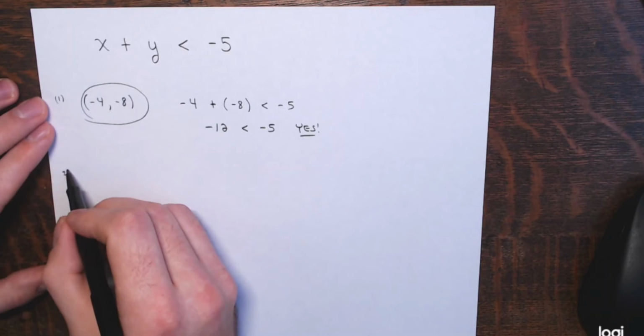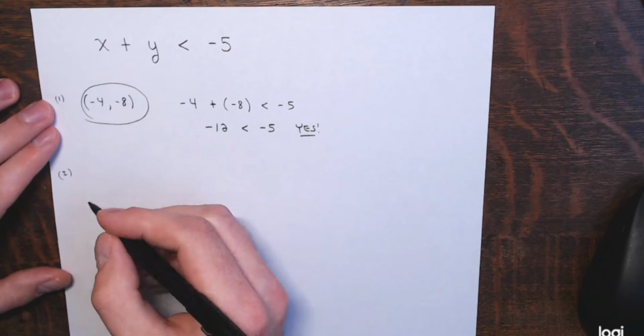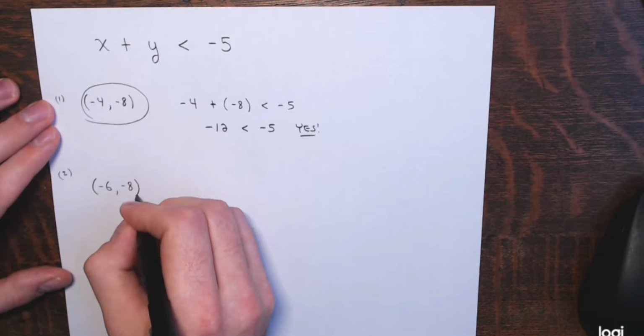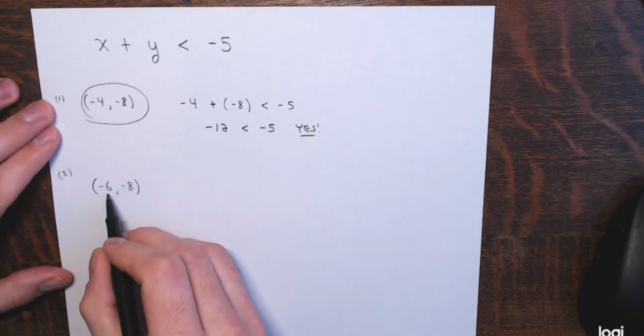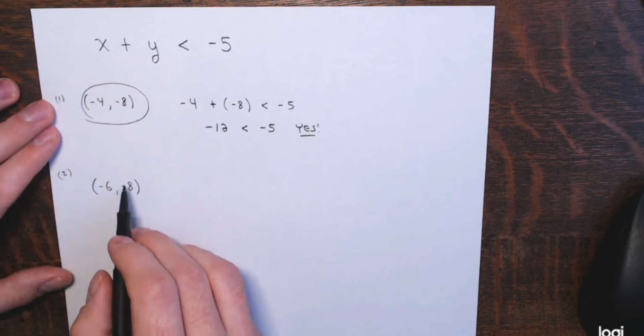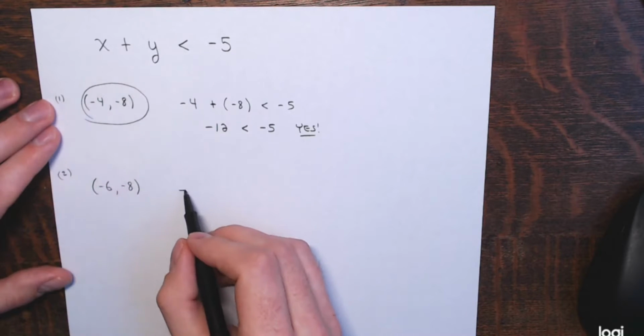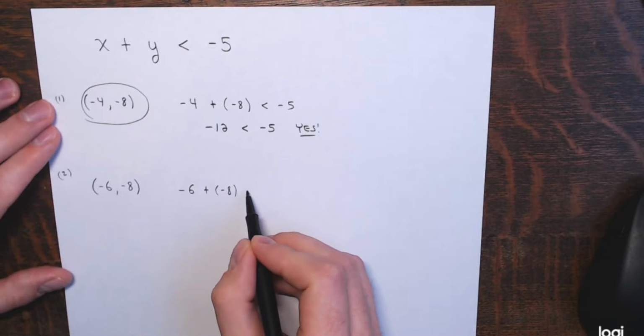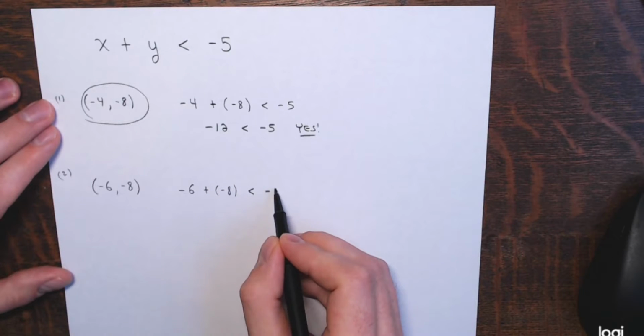The second ordered pair we're given is negative 6, negative 8. So again, I replace x with negative 6, y with negative 8. So that's negative 6 plus negative 8 on the left is less than negative 5 on the right.